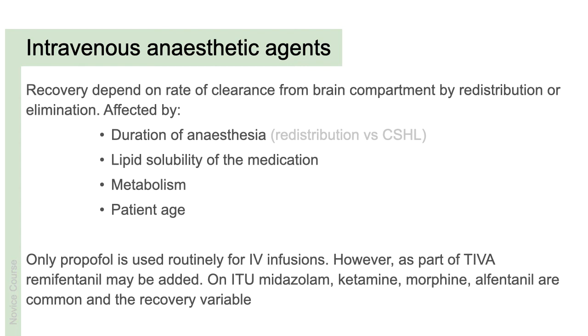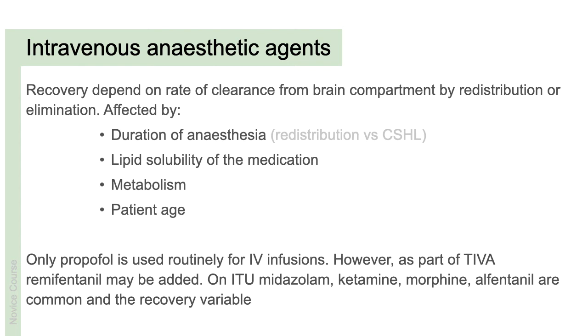Now, it's only propofol that's really routinely used for intravenous infusions in theatres. And for TIVA, or total intravenous anaesthesia, we may add remifentanil. So it's enough, I suppose, for the IAC to think about how propofol and remifentanil will behave. Remember, propofol, the longer the infusion goes on for, the longer it will take to be cleared, therefore the longer it will take a patient to emerge.